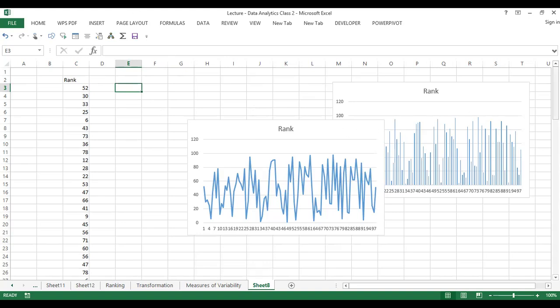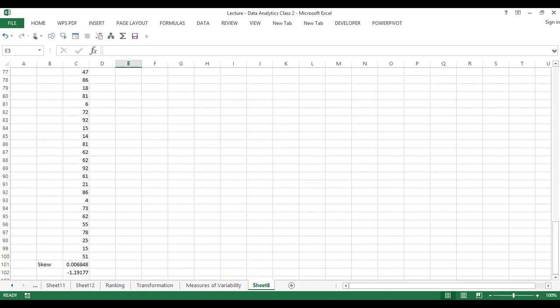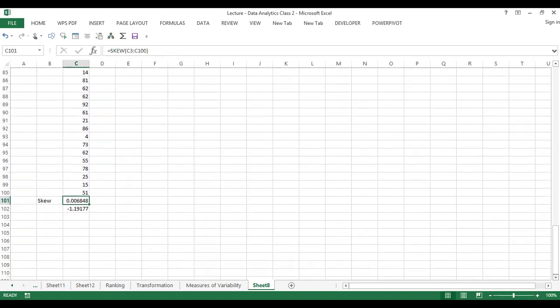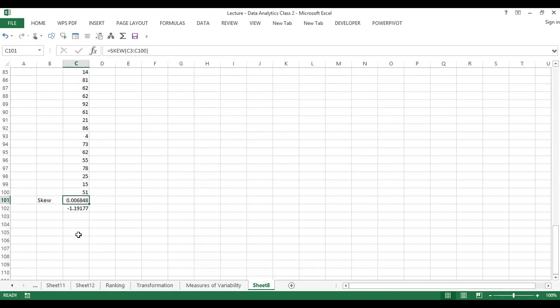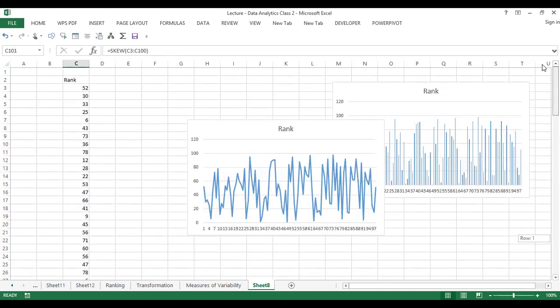I hope the explanation is clear. So what you do is you just do the calculation. The figure you get will give you an idea of what we are talking about. Here you can see the skewness is positively skewed, which means technically the longer tail, if there's a tail, will be on the right.